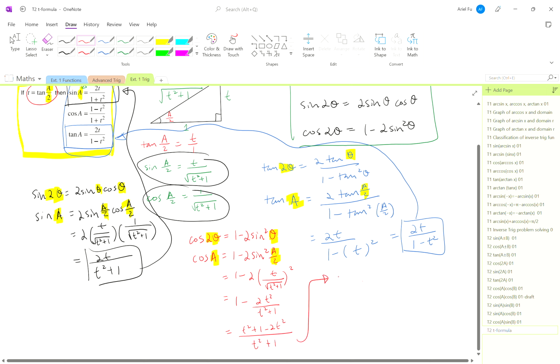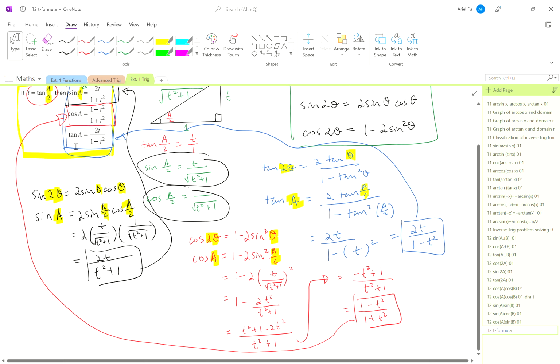So T squared minus 2T squared is negative T squared, plus 1, all over T squared plus 1, which is the same as 1 minus T squared over 1 plus T squared. The last one is the last one over here. These two are the same.